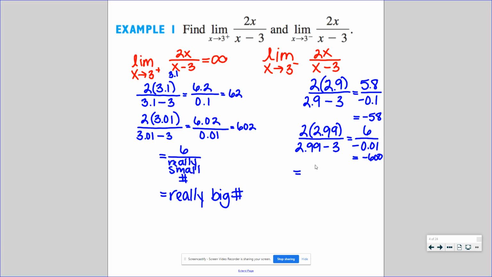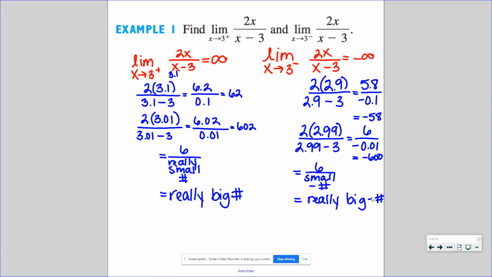So the general consensus here is that if I take 6 divided by a very small negative number, I am going to get a really big negative number, right? And that is going to be equivalent to negative infinity.